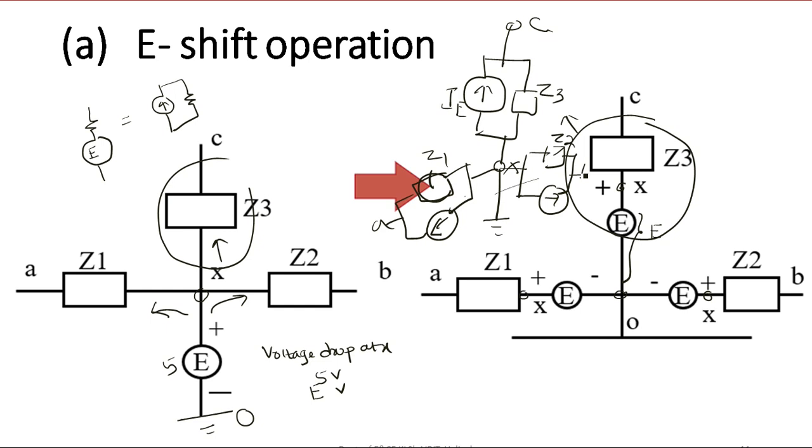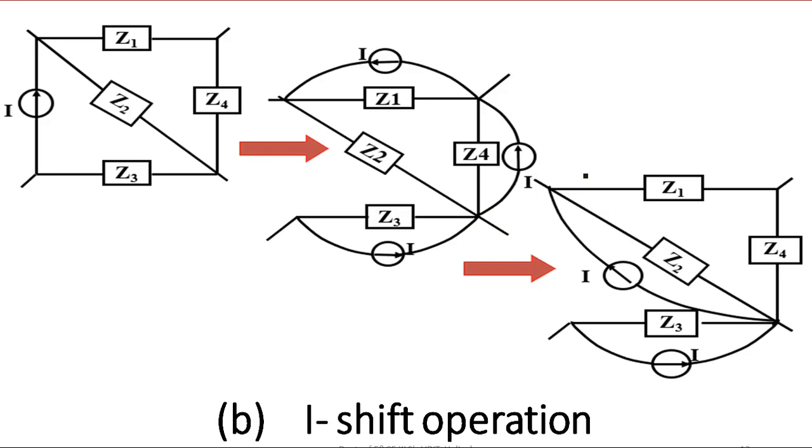So similarly, on the same basis, we can opt for the current source shift also, which we call I shift. If you consider this I shift here, this is the main circuit we can consider.